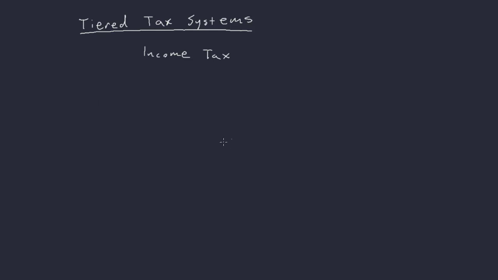All right, so how does a system like this work? Well, it's exactly how you might think given the word tiered, right? So we start with somebody's taxable income. Now, for some situations, this is just their income, and others, it is adjusted.